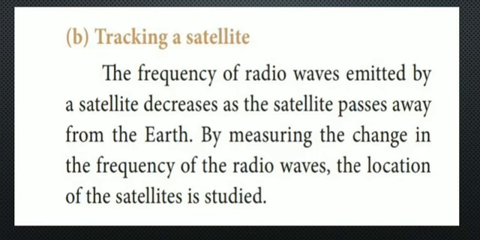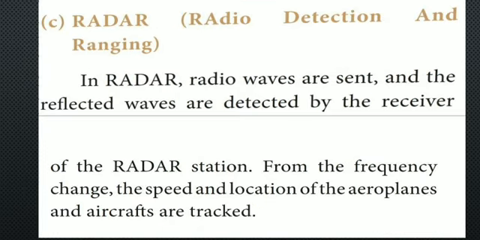Okay students, right. And next, radar. Radar means radio detection and ranging. So radio waves, that is radio pulses, are sent, right? The reflected waves are detected by the receiver of the radar station.